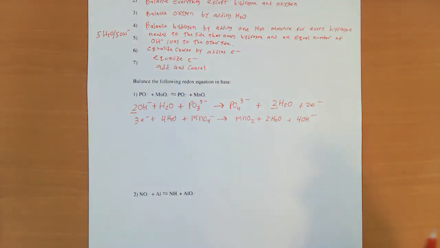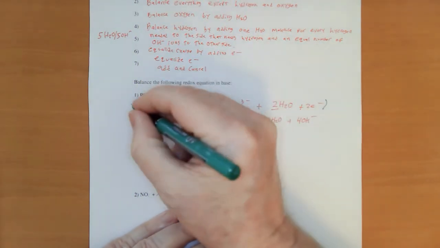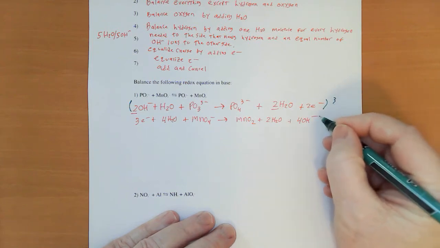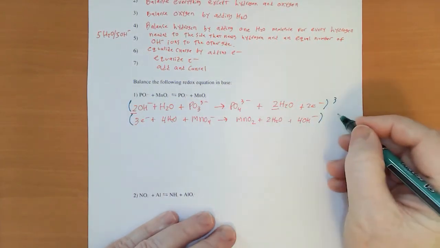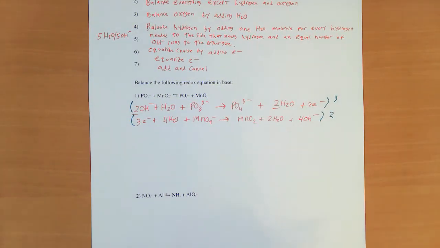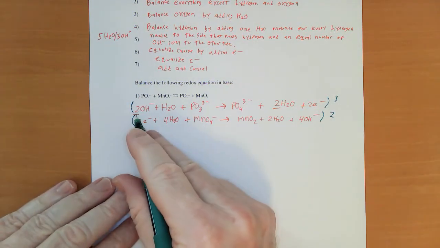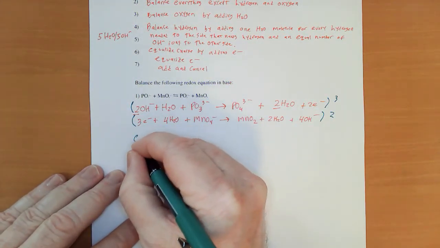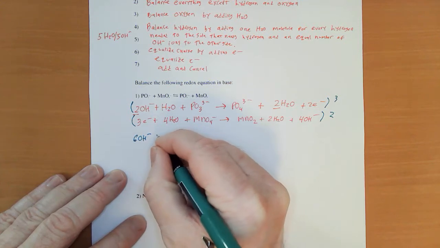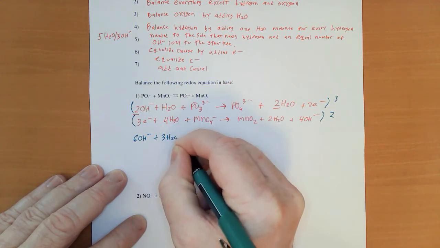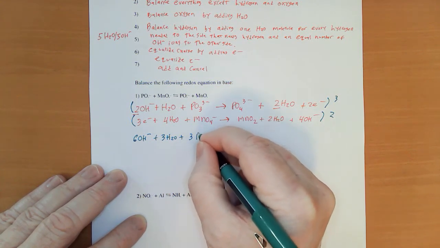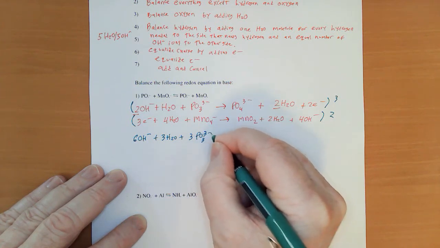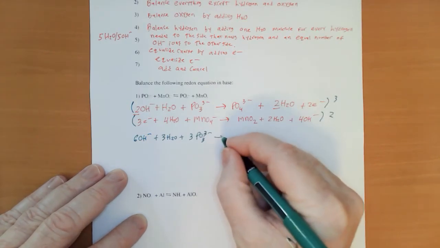Ooh, I'm a little upset. Those electrons are not canceling out nicely. I'm going to have to multiply the top here by 3 and the bottom by 2. So 2 times 3 is 6 hydroxides plus 3 waters plus 3 phosphites. Did I mention you need to know your polyatomic ions?